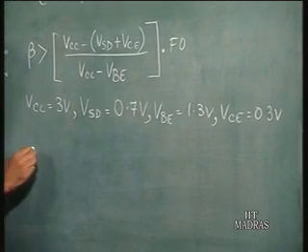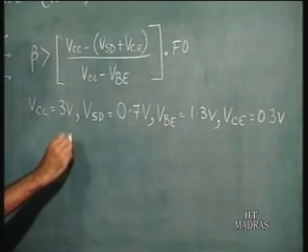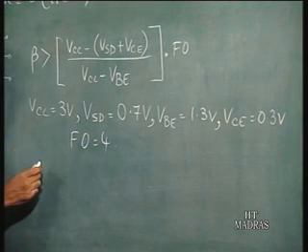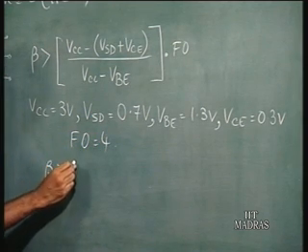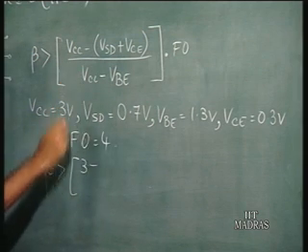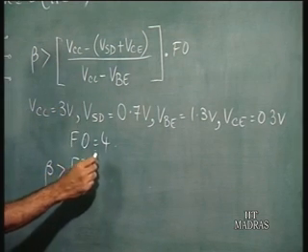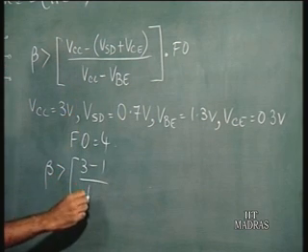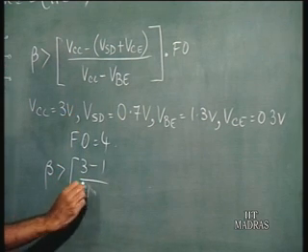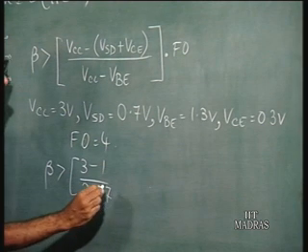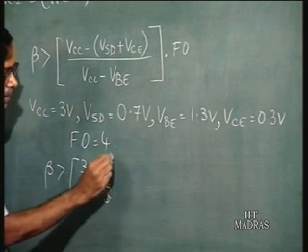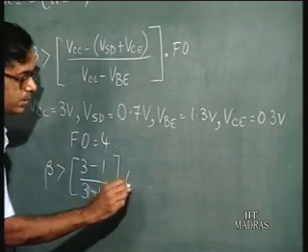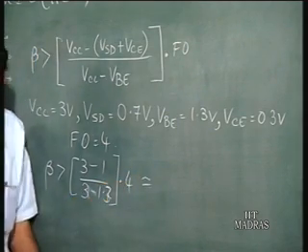So if you put these values, for a fan out of 4, say you have 4 collectors, beta will be greater than 3 minus VSD plus VCE is 1, and VCC minus VBE is 3 minus 1.3, and this works out to be almost equal to 4.5.